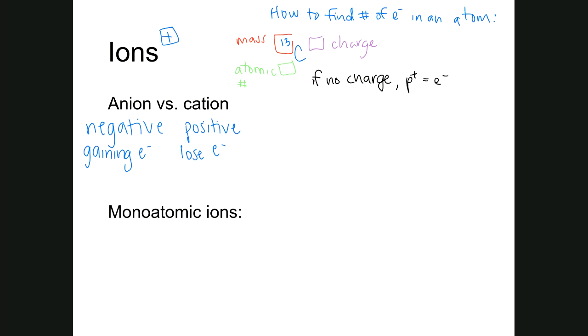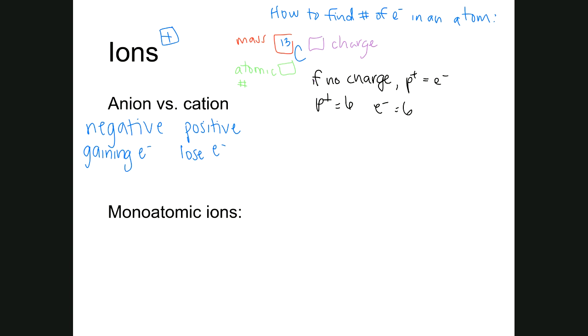Because in order for something to be neutral, our positives and our negatives have to cancel each other out. So in this case, we would look up carbon on the periodic table to find its atomic number. We see that the atomic number of carbon is 6. So the number of electrons in carbon has to be 6 as well.